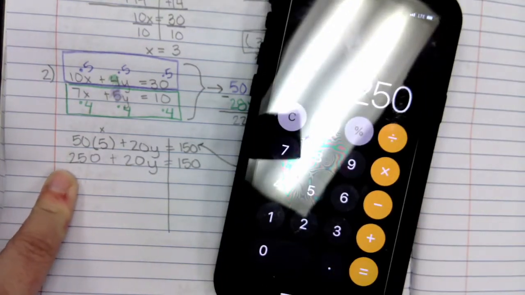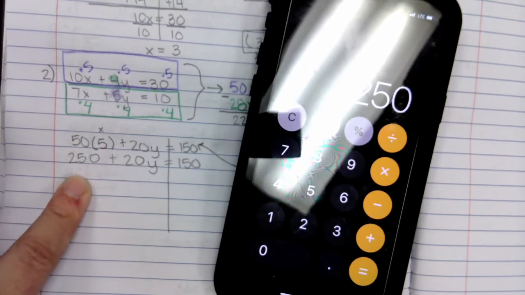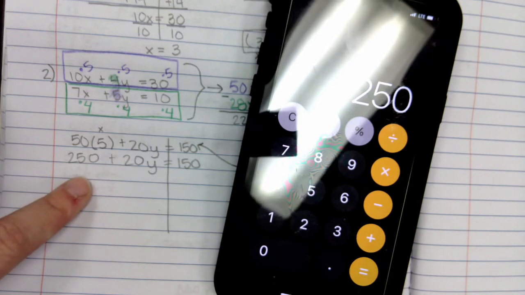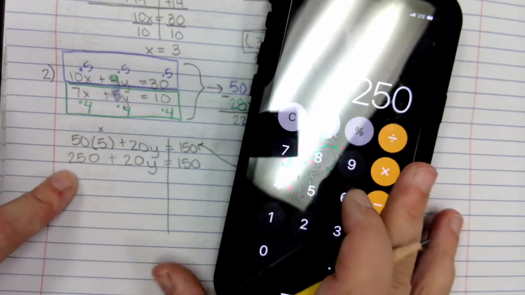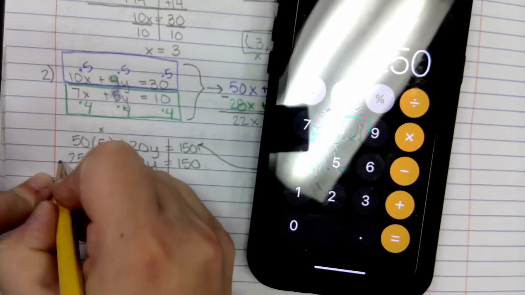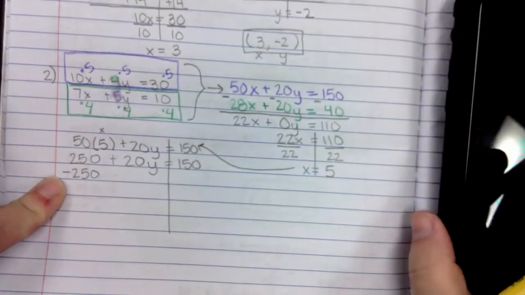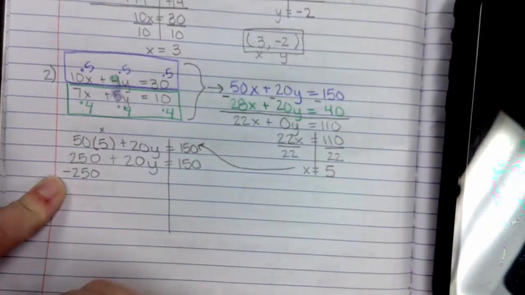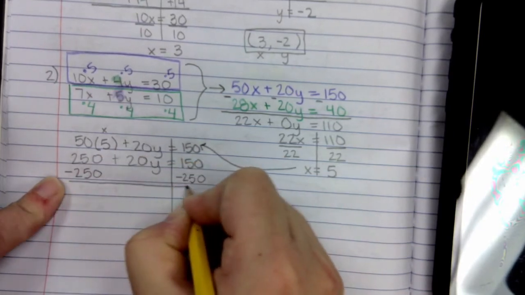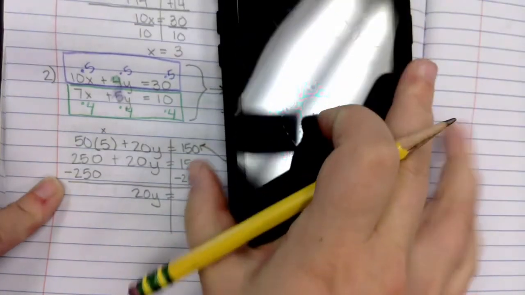So at 250, how would we undo a positive 250? Minus it, yeah. Or you could think of it as adding a negative. And if we do it on one side, do it on the other. 20y equals 150 minus 250. Yep, negative 100.